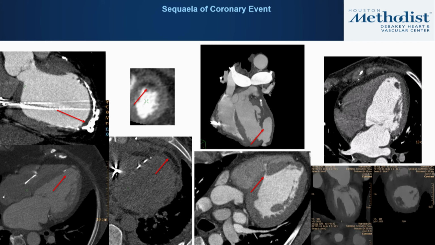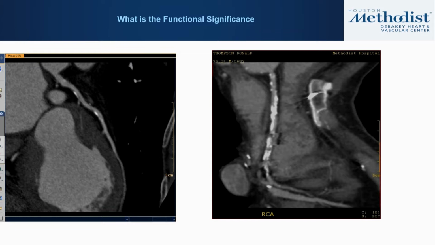So even if the LAD is heavily calcified and you see an apical wall motion abnormality with a clot in there, as in one of these cases, most likely that vessel is diseased. The patient needs either a viability assessment or ischemic assessment, but there's no question that lesion is significant.